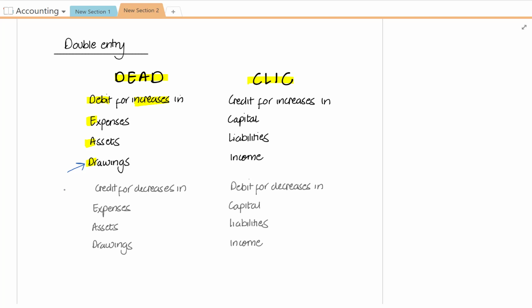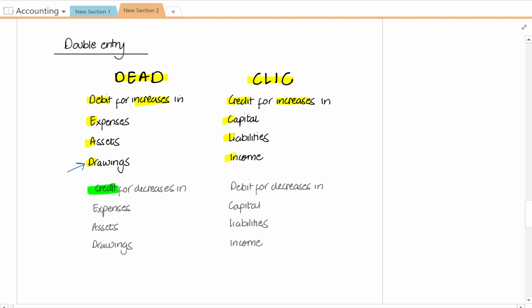What about the click? Well, the click stands for credit, and credit is the accounting specific jargon that you will use for increases in capital, liabilities, and income. Okay, so for increases in capital, liabilities, and income, you're going to use the phrase credit. Now, in a similar manner, we can think about decreases in expenses, assets, and drawings by using the phrase credit.